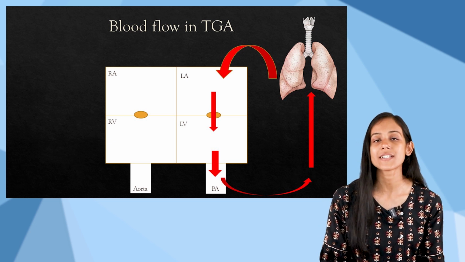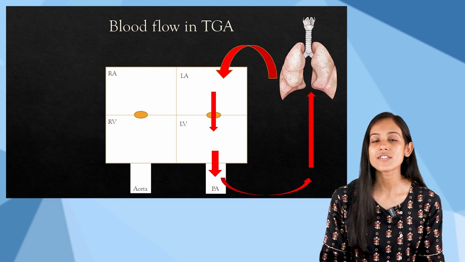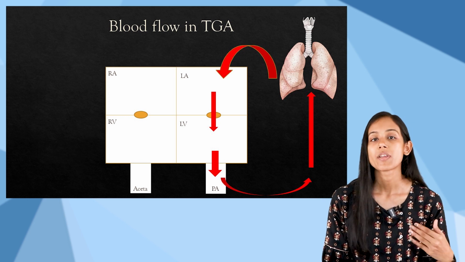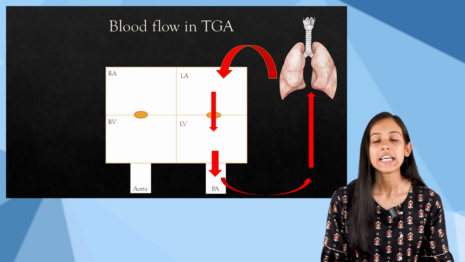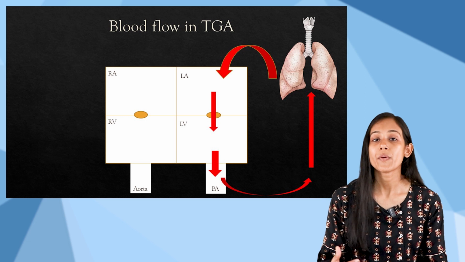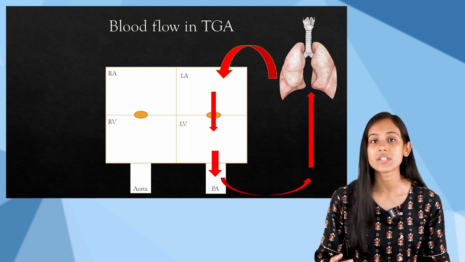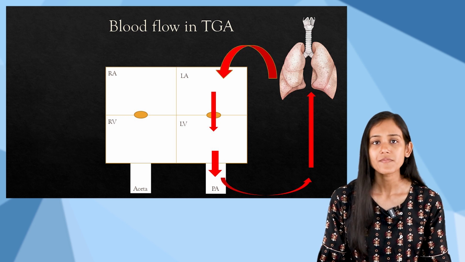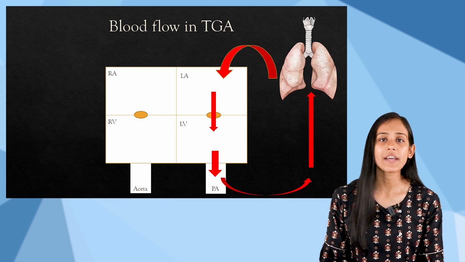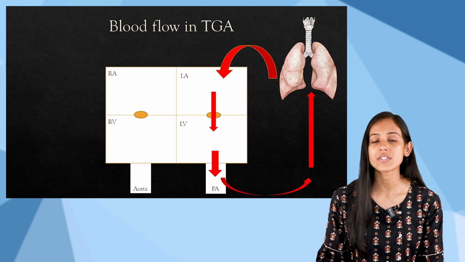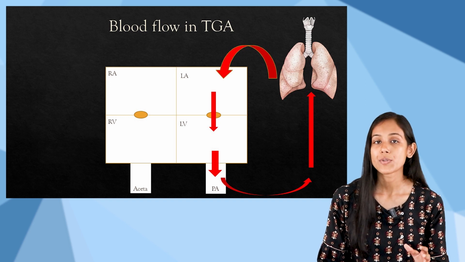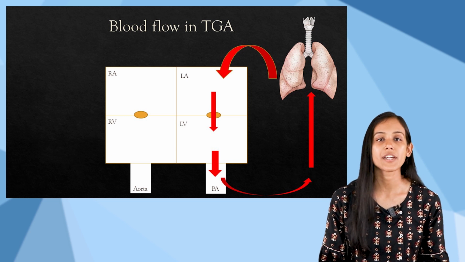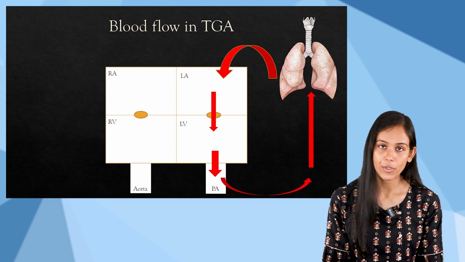Once the blood is oxygenated, this oxygen-rich blood will enter the left atrium through the pulmonary vein. Now from the left atrium, it will come down to the left ventricle through the bicuspid valve. And then from the left ventricle, this oxygen-rich blood goes to the aorta through the aortic valve, and from the aorta it is sent all over the body.